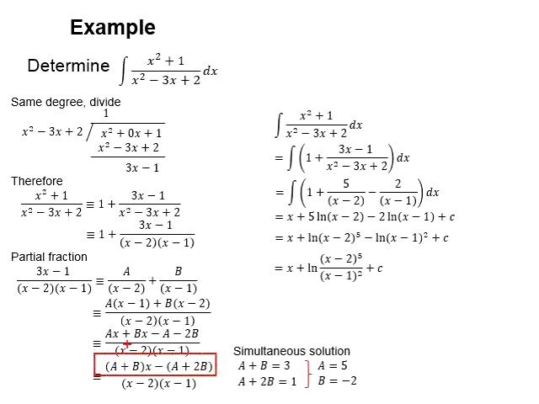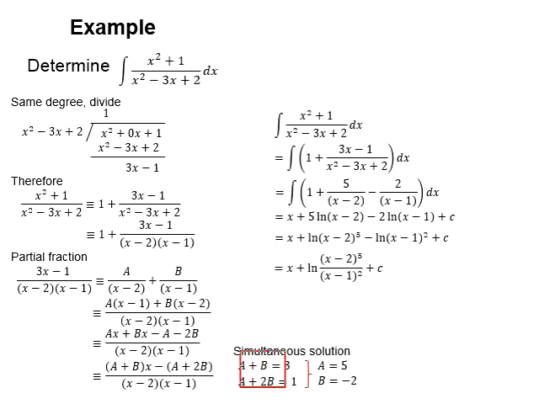This will be compared with the factors here. You know that a plus b will be equal to 3 and a plus 2b will be equal to 1, since the negative value here is the same.